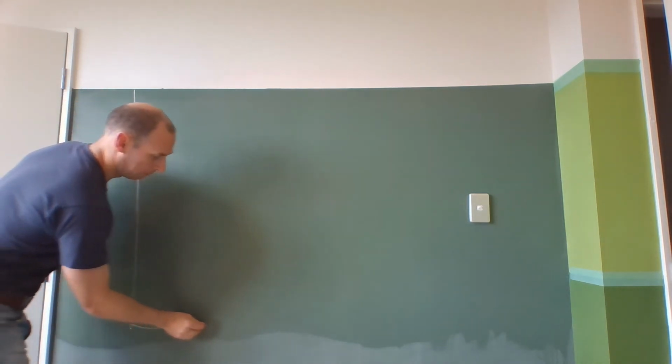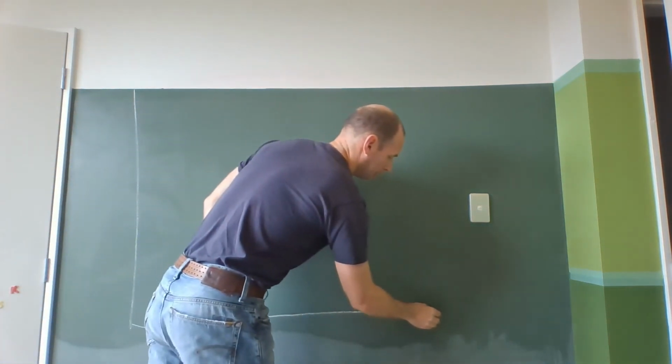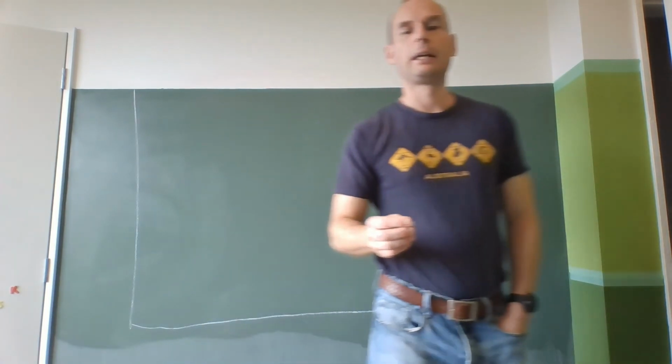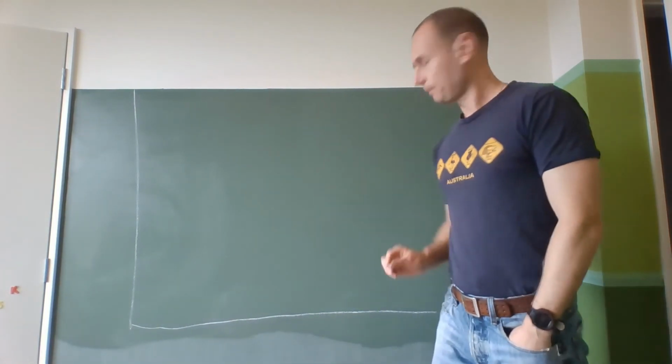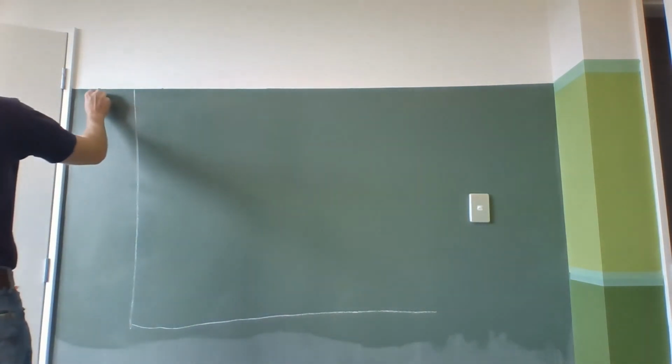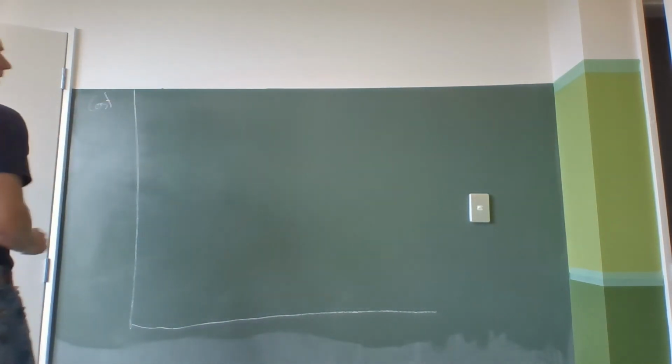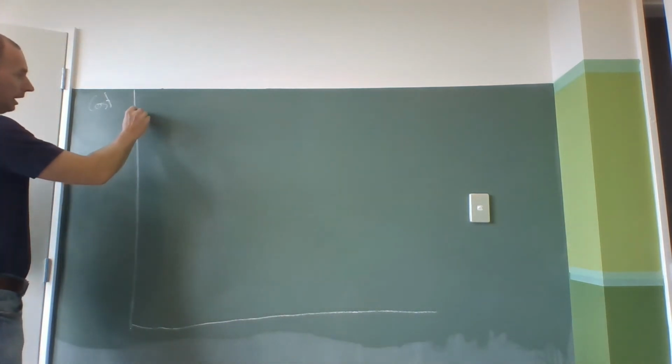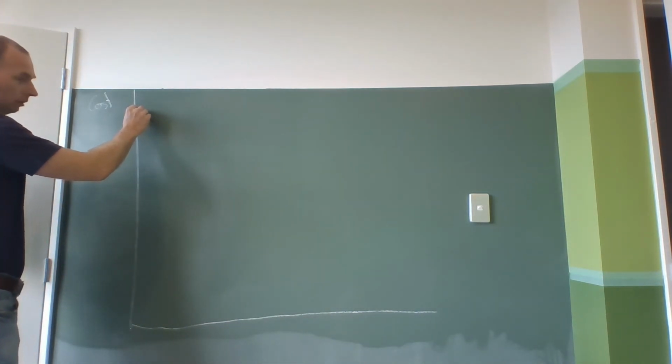I will try to make this one a little bit larger because there will be quite a few lines that will go on it. So again, on the horizontal axis, I have output. On the vertical axis, I have costs. So my average fixed cost looks like this.